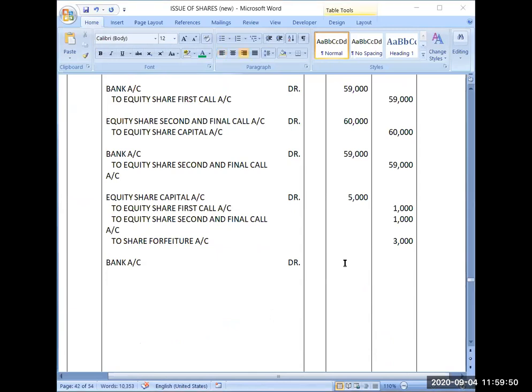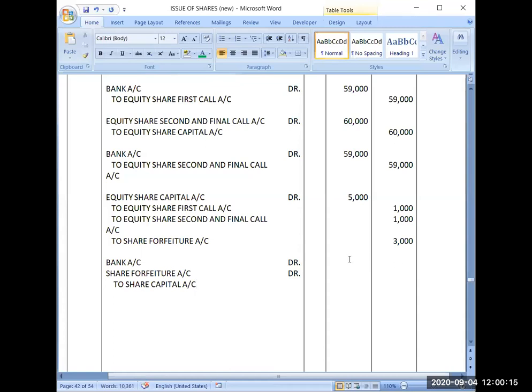So always define the things, take your time. Don't be in a hurry. That will raise your confidence in exams because you will be in the habit of judging things properly. Share forfeiture account debit, to share capital account.